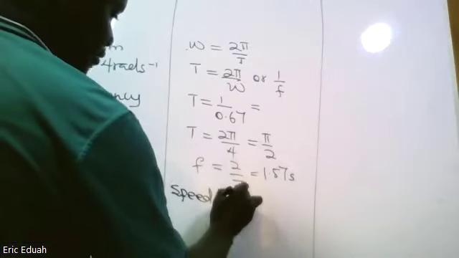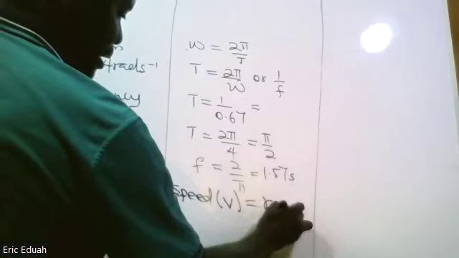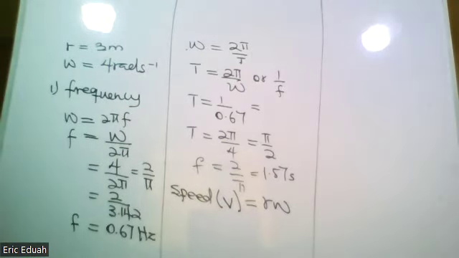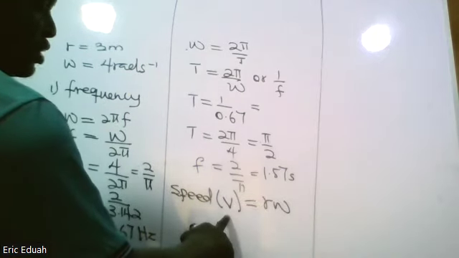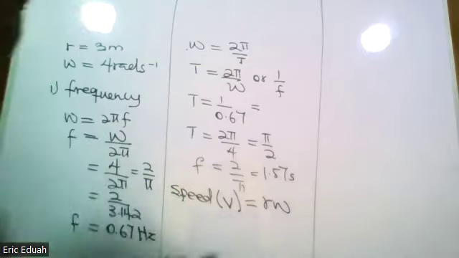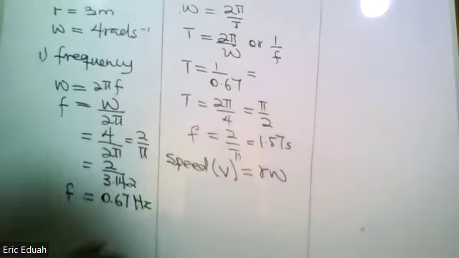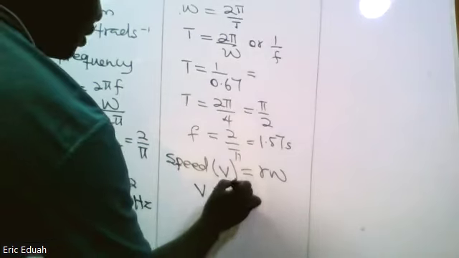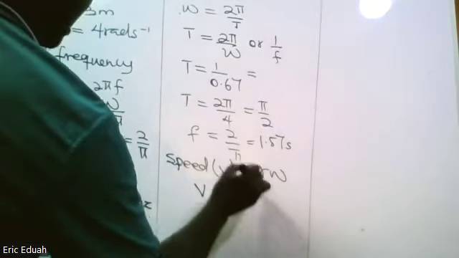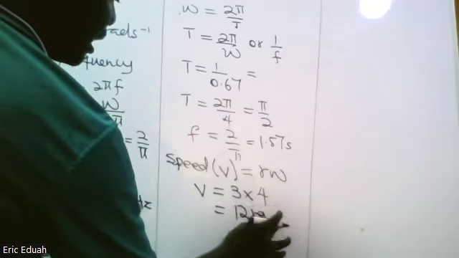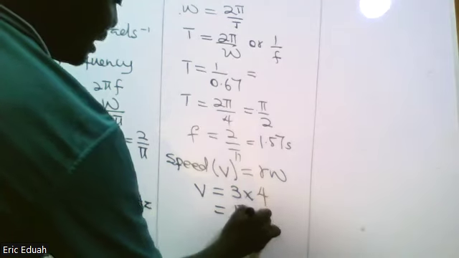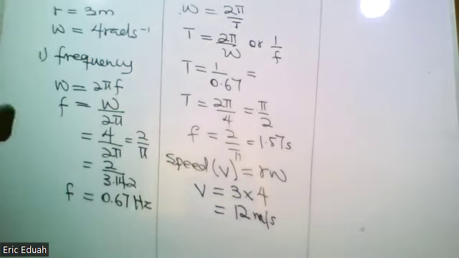So using V is equal to R omega, the relationship between linear speed, the velocity along the circumference, and angular speed, V is equal to the radius of 3 times the angular velocity of 4, which is 12 meters per second. This is the solution to the problem. Okay, let's continue.